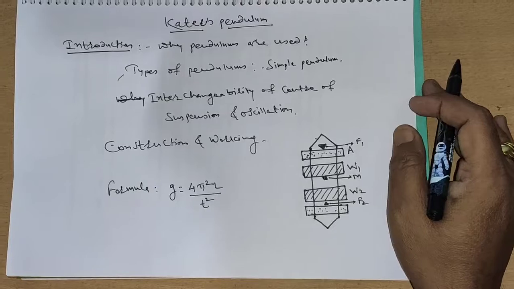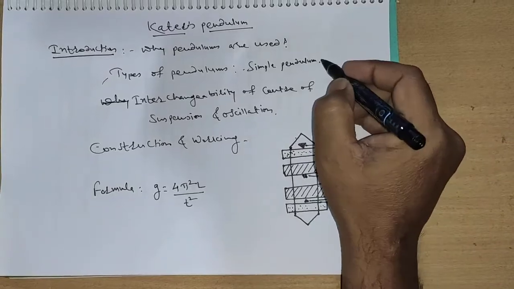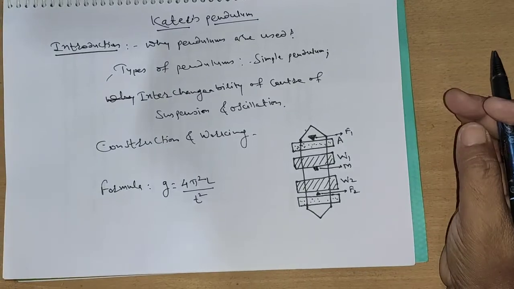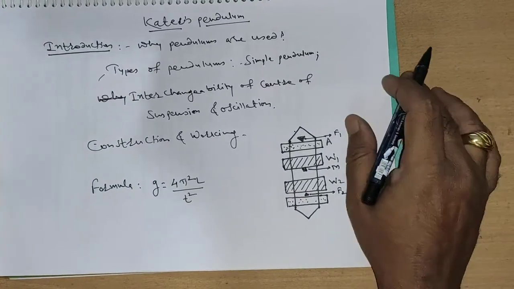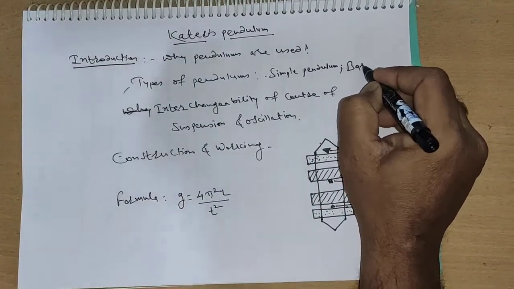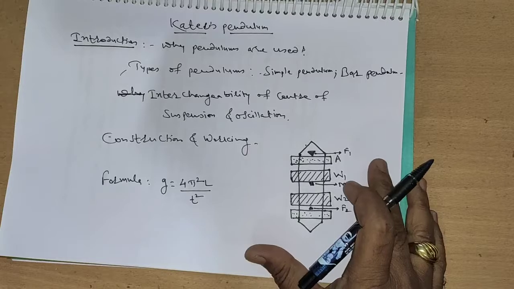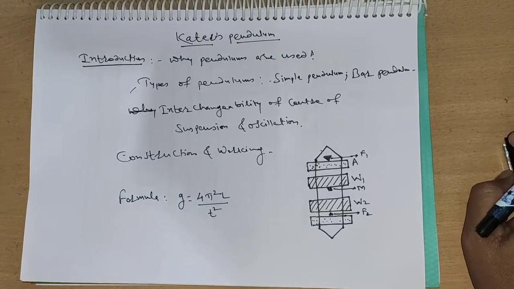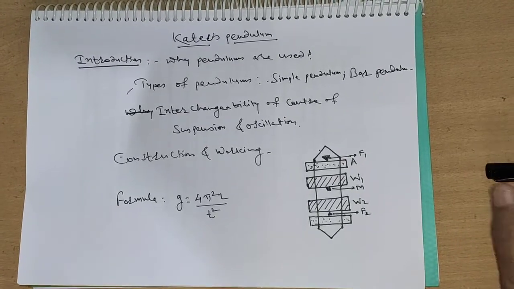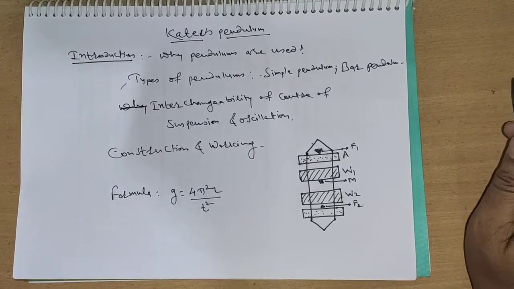Therefore, whenever we measure the time period for the simple pendulum, it does not have much accuracy, and so there was another pendulum known as the bar pendulum. A bar pendulum is a metallic or brass strip, and holes are drilled at equal distances on the bar.